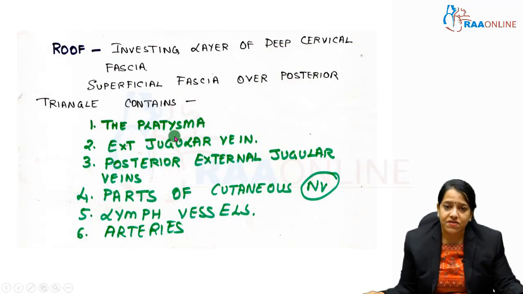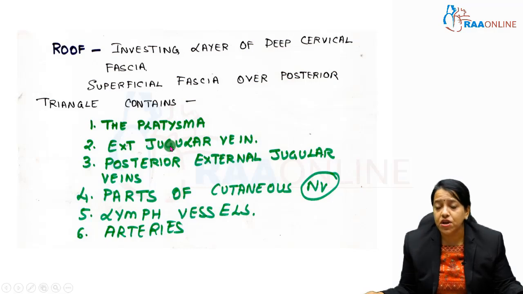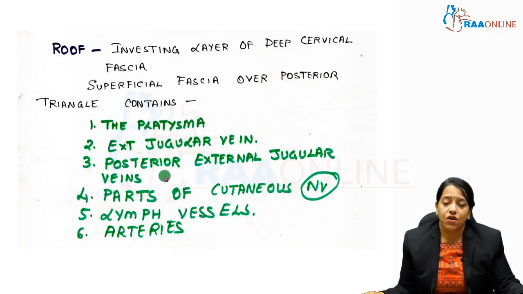We have the platysma, which is a superficial muscle. Next we have the external jugular vein, which is an extremely important structure in the roof of the posterior triangle. Then the posterior external jugular vein, parts of cutaneous nerves which supply the skin over the posterior triangle and which originate here and go to supply various parts of the scalp and also the angle of mandible, the lymph vessels and the arteries.